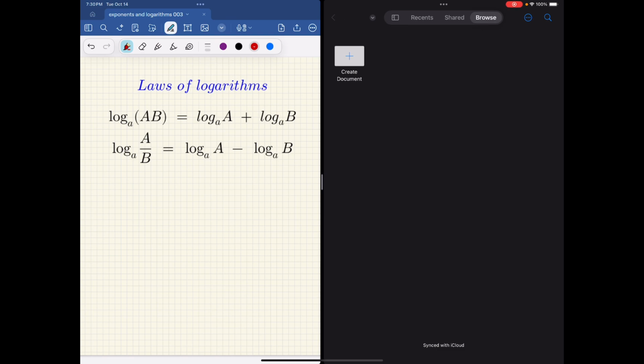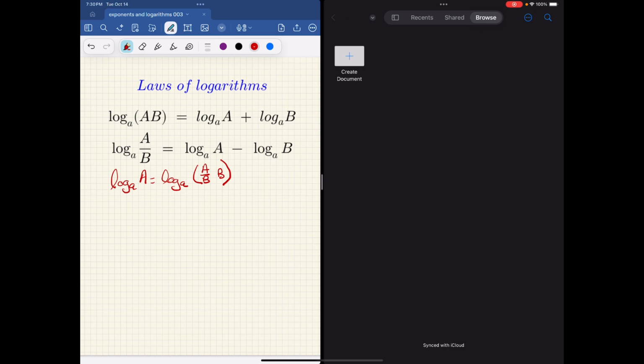Log base a of A over B equals log base a of A minus log base a of B. And we're going to start this by simply rewriting log base a of A equals log base a of A over B times B. That's fairly simple.